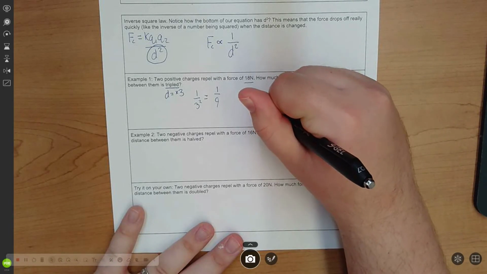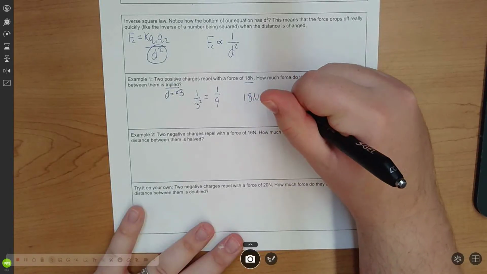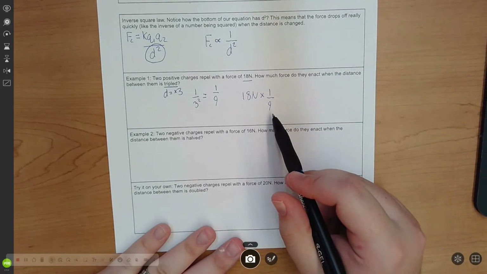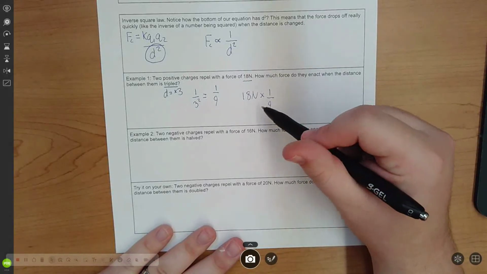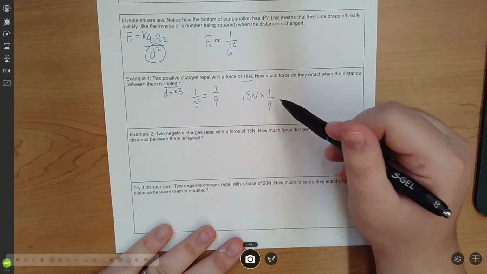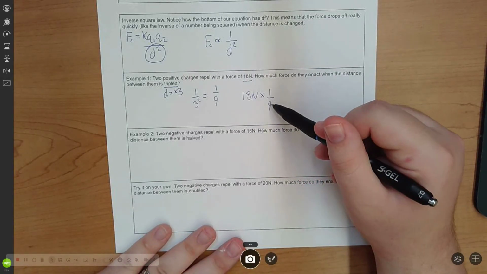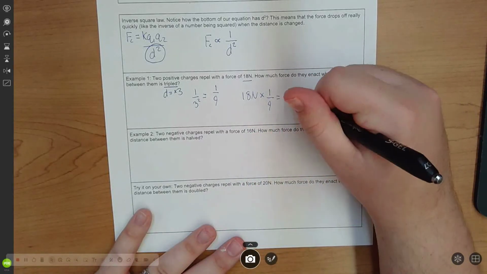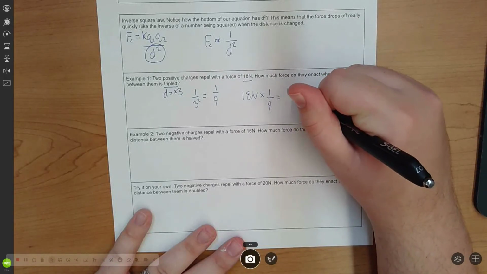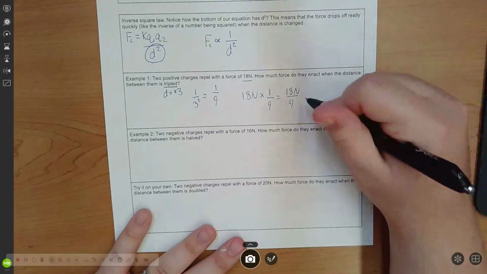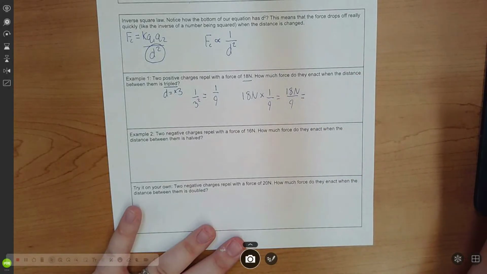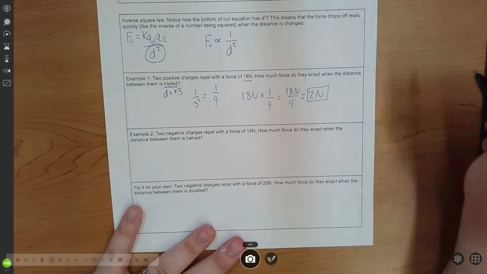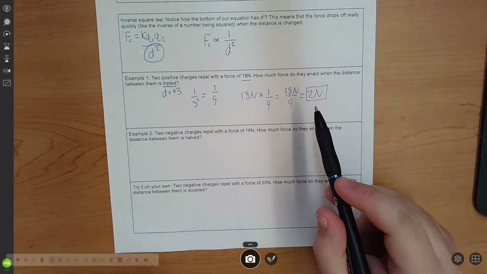So 18 newtons is what we started with, times 1 over 9, because we tripled the distance. And those of you that are good with math can see that this is just doing 18 divided by 9. Showing my work here, if we were to multiply across the numerator, we would have 18 newtons divided by 9. And we can do this part in our head. 18 divided by 9 is just 2 newtons. And so we can box that up as our final answer.